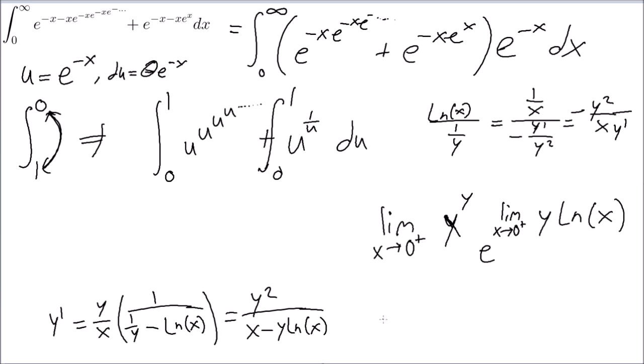So what we have is e to the limit of x approaching 0 from the right side. And then we have negative, let's see, the y squared cancels out. We get x minus y ln of x over x.